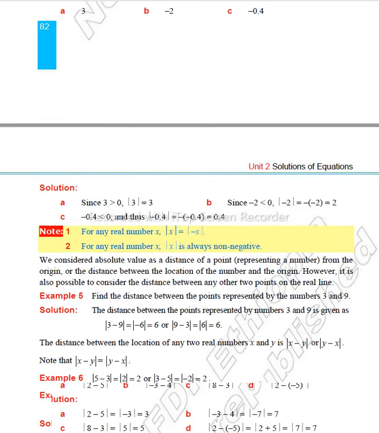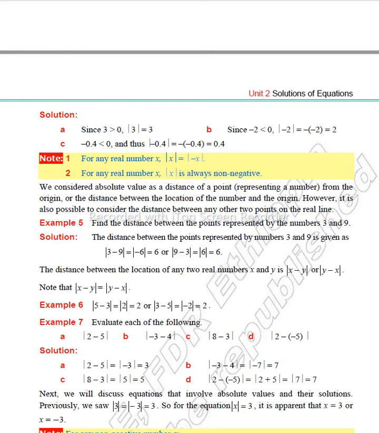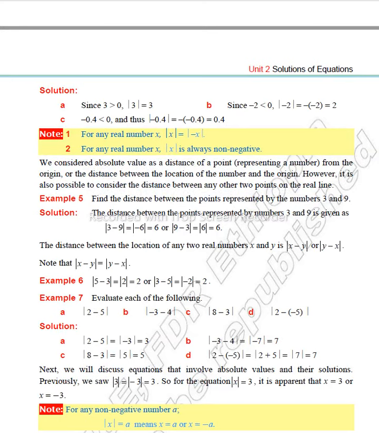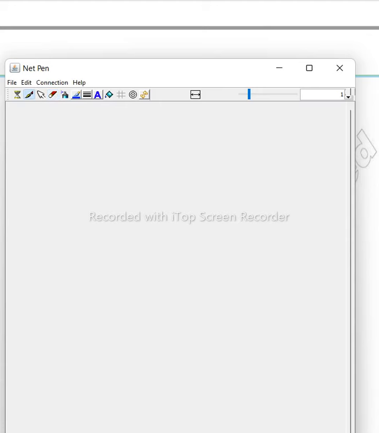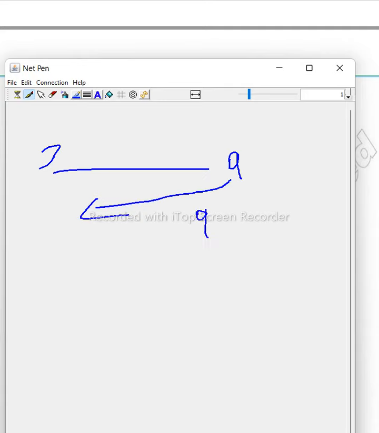We can see this example with different numbers. For example, the distance between the points represented by the numbers 3 and 9. What is the distance between 3 and 9? If here we have 3 and here we have 9, when we measure from 9 to 3, it will be 9 minus 3, which is equal to 6.